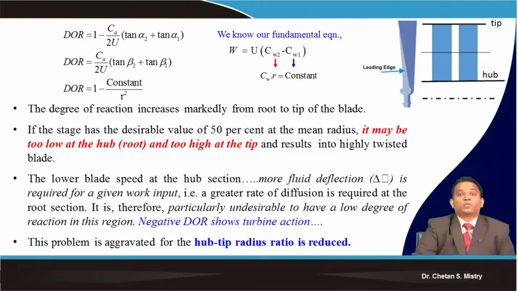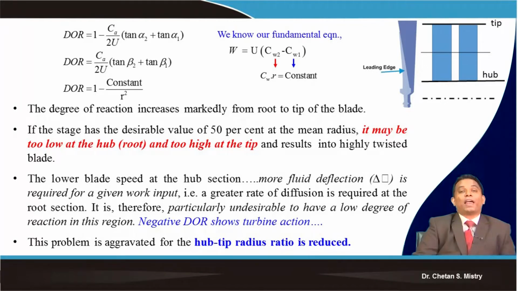That is in order to achieve high pressure rise, or to do more work in that particular region. So that asks for more diffusion in that region. It may be possible that you will calculate your degree of reaction and that it comes out lower.